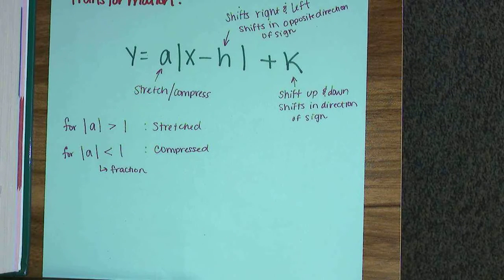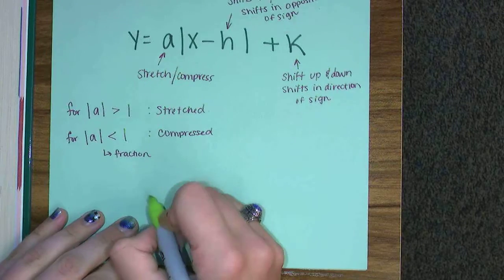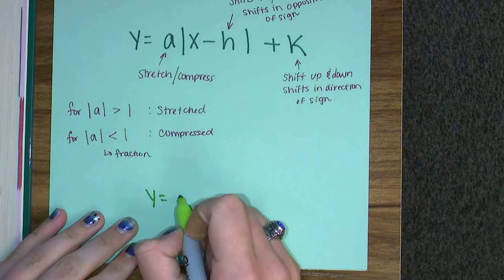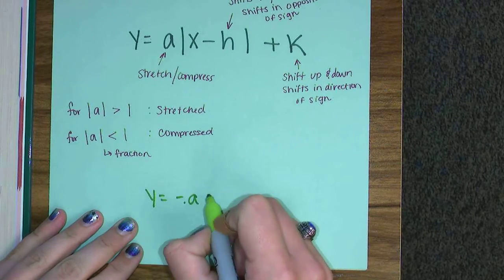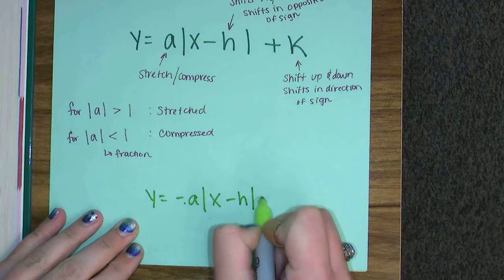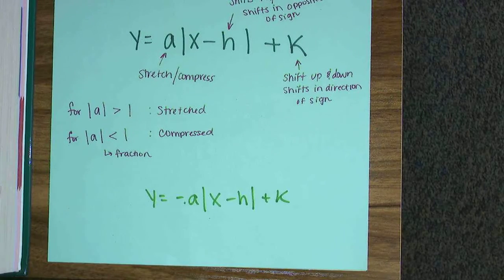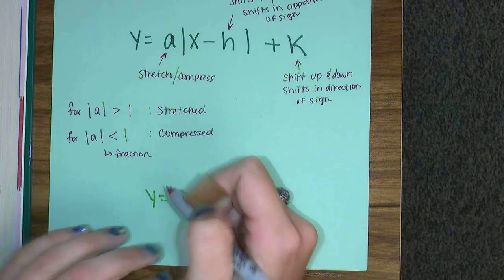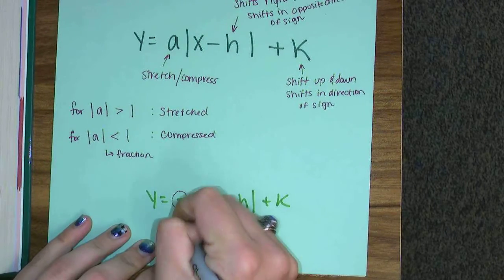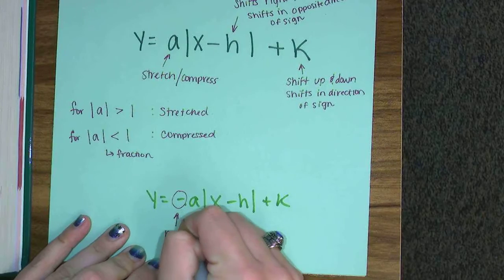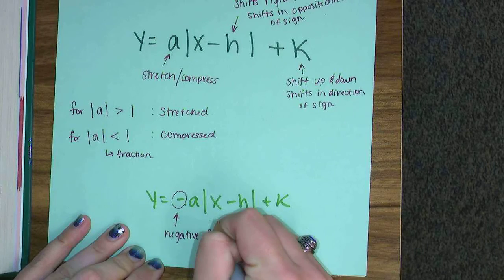Now, if I were to have y is equal to minus a times the absolute value of x minus h, plus k, okay, then this sign here, the negative, flips the graph upside down.